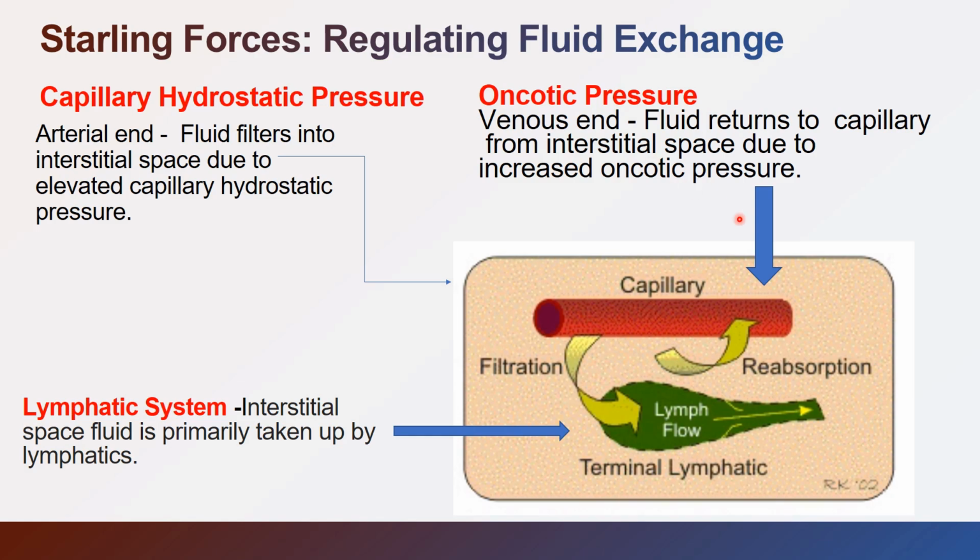And at the venous end of the capillary, the fluid is returning back to the capillary from the interstitial space due to the increased oncotic pressure. And the fluid from the interstitial space is primarily taken up by the lymphatics, and it is flowing there. So this is the normal scenario. So if there is disbalance in this, the edema will result.